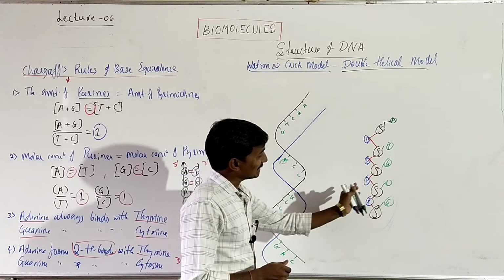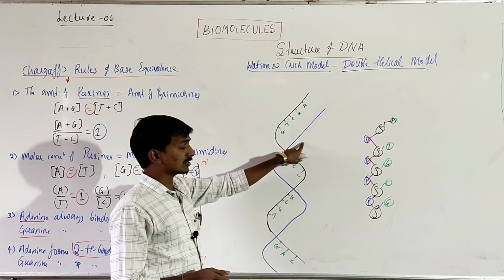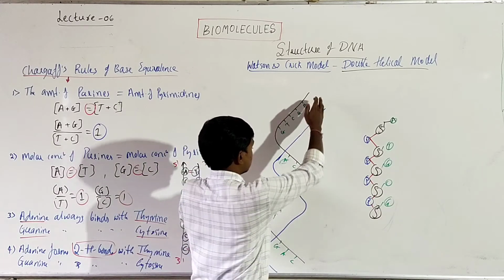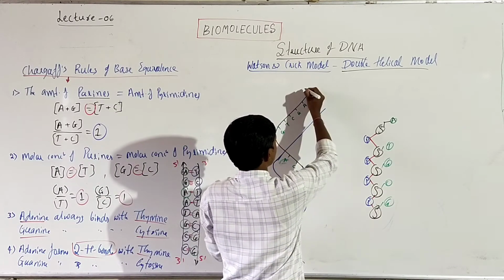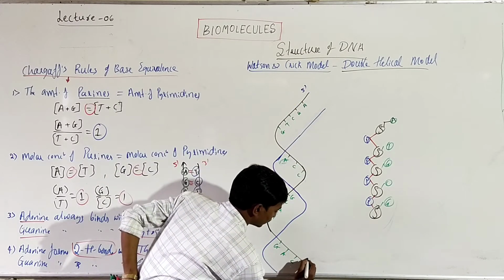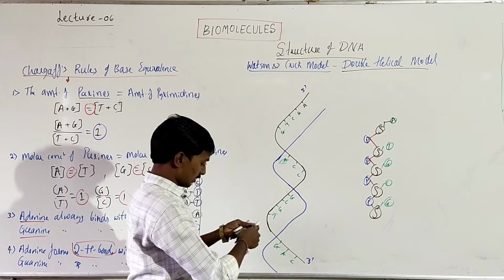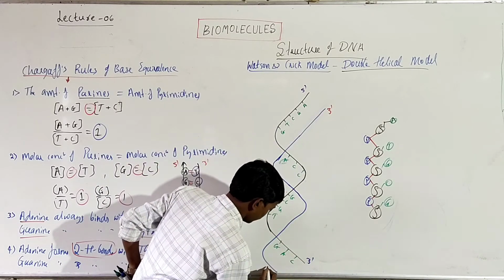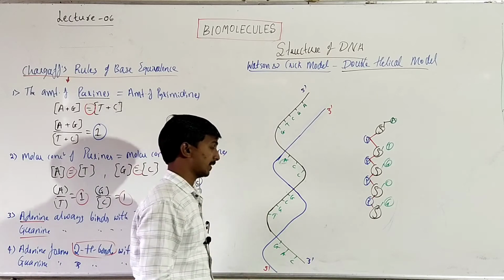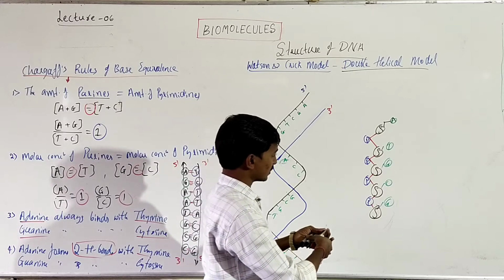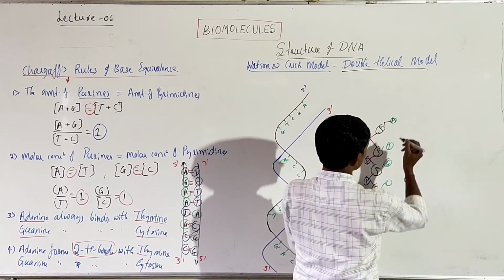For the other strand, which is running anti-parallelly, when we label one strand as 5 prime, the opposite strand must be 3 prime. The other will of course be 3 prime and this will be 5 prime. So the other strand will be reverse in that.